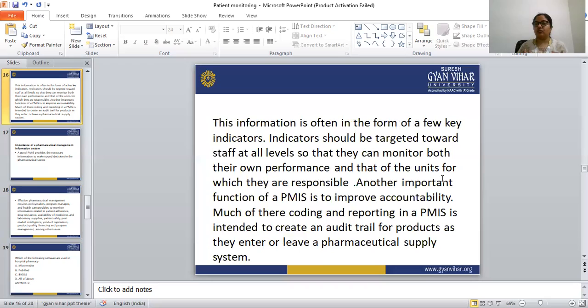This pharma information system is very useful in the pharmacies, because with the help of the computer, the pharmacist can find out if there is any drug interaction, drug food interaction, or if there is any allergy for that particular patient, through the PIS, pharma information system.